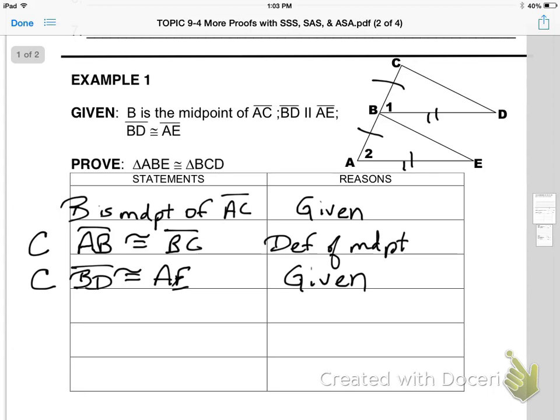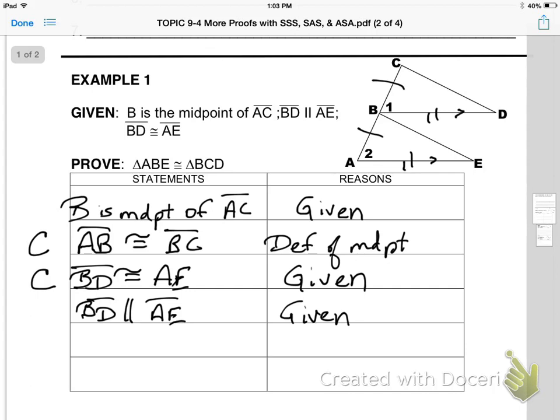So then we have another statement that's given. We have that BD is parallel to AE, and that's another given. Okay, so we could draw in some arrows here if we wanted to show that those are parallel lines.